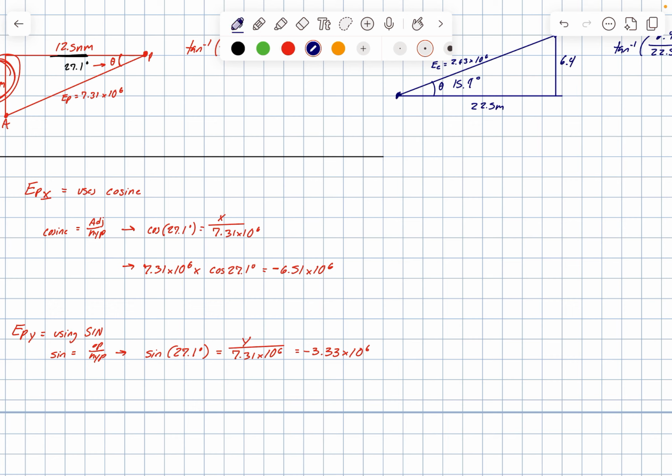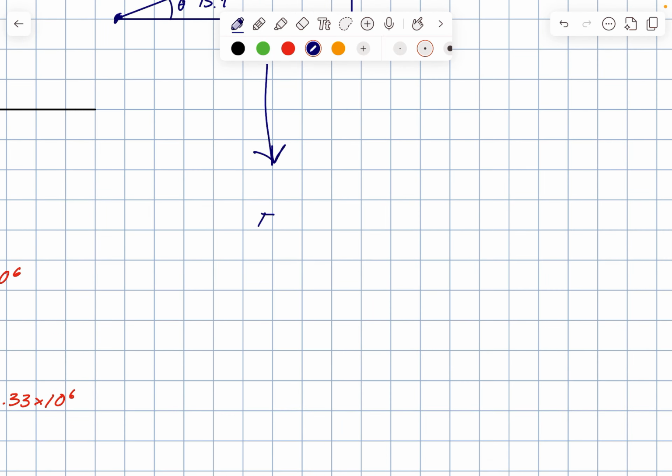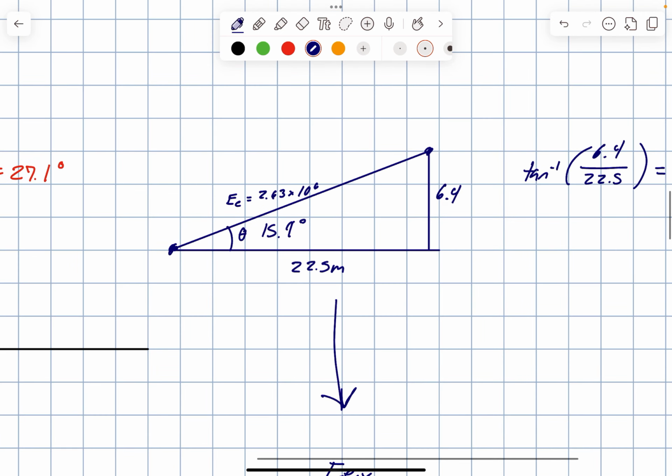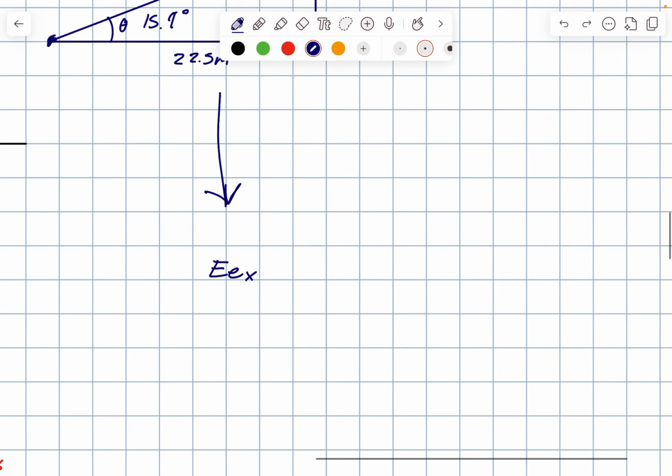Now we're going to do the same thing, but for our electron triangle. The electric field of our electron's x component, same thing, it's going to be cosine for this case because we're looking for the x value, which is adjacent to our angle measurement.